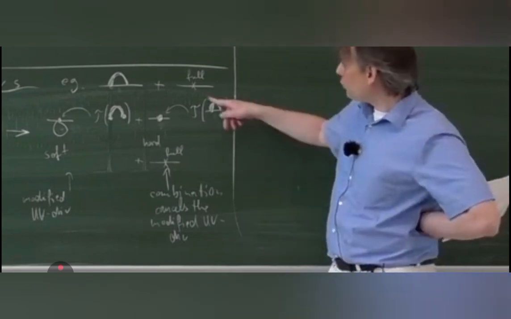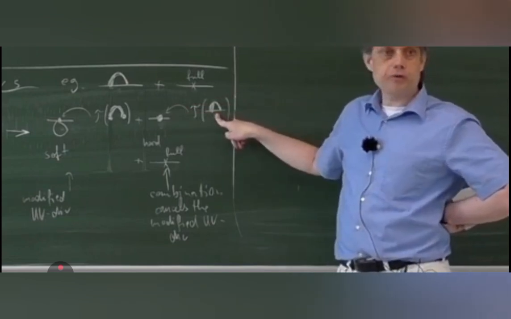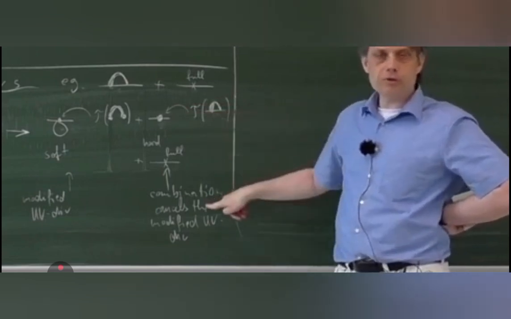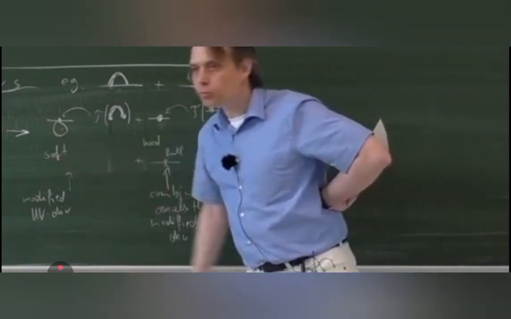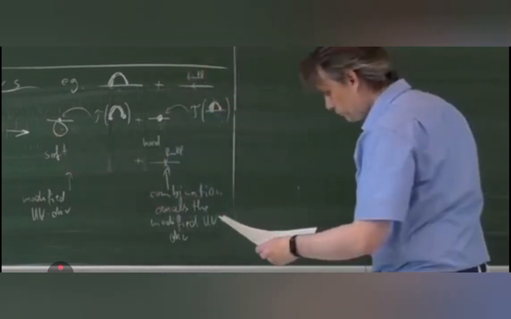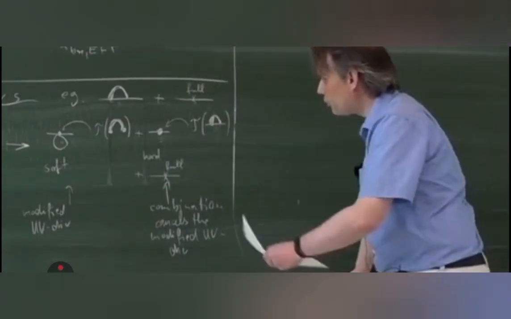So here in the method of regions, this thing initially appears as an infrared divergence, but ultimately it is used as an ultraviolet counter term to make this loop here finite. So I think I will not write this down, but this is how you can view all of this combination.